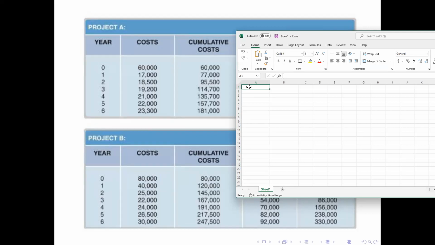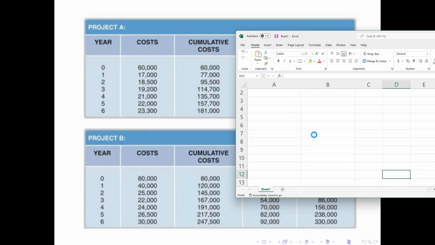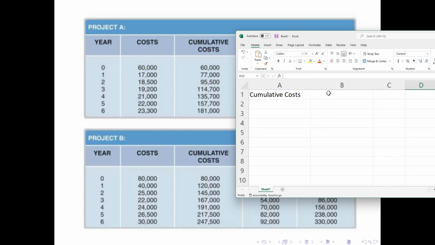So we can have cumulative costs and then we can have cumulative benefits.